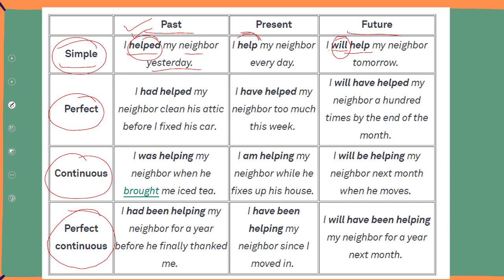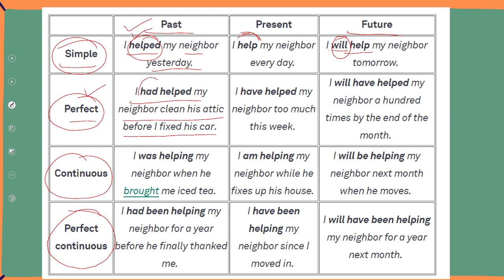Next one, we have past perfect, present perfect, and future perfect tenses. For example, past perfect tense is: I had helped my neighbor clean his attic before I fixed his car.